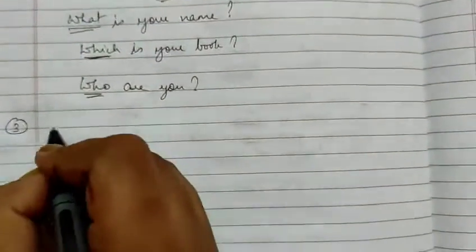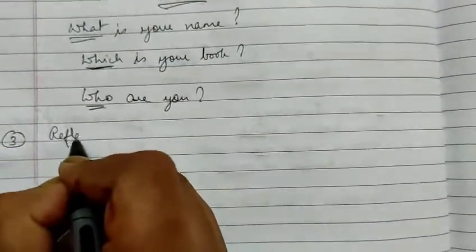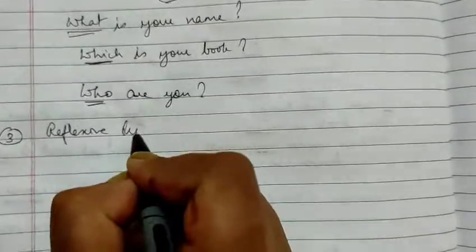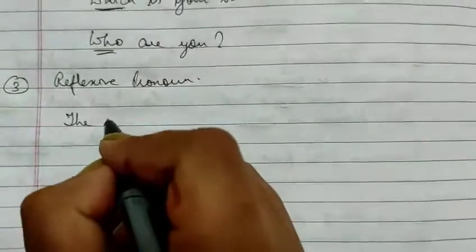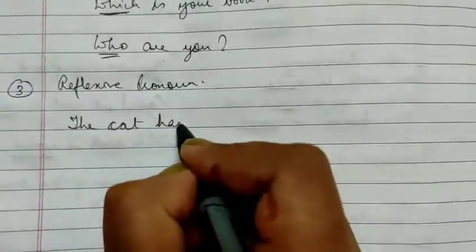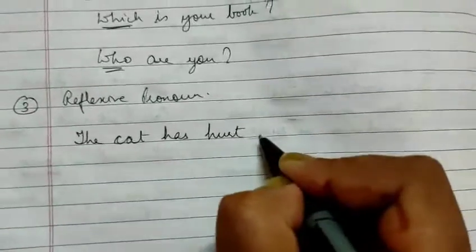Now let's move on to the third kind of pronoun, that is the reflexive pronoun. First, let me write one example to explain what a reflexive pronoun is. The cat has hurt itself.